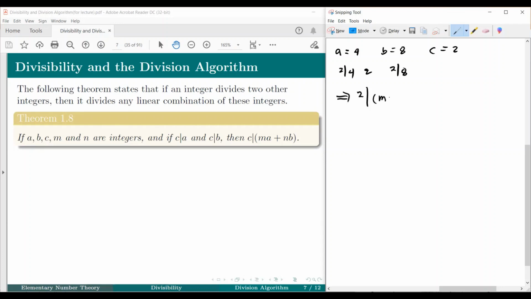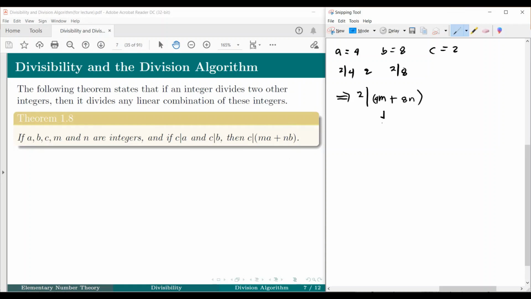A here is 4, so we can write 4M plus NB. B is 8, so we can write 8N, or BN here. Because C, M, and N are integers.